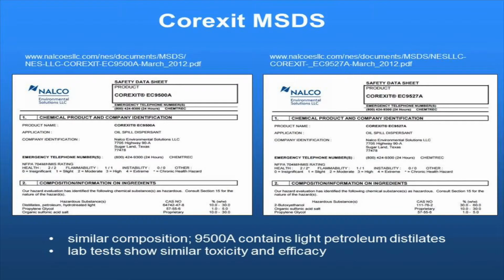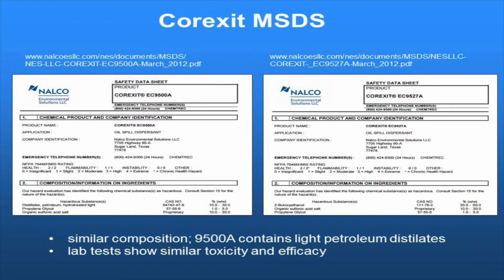One of the questions I got before coming out here was, what's the difference between 9527 and Corexit 9500? The most obvious thing you can do is go and look at the MSDS sheets. This is just the ingredients from the manufacturer.